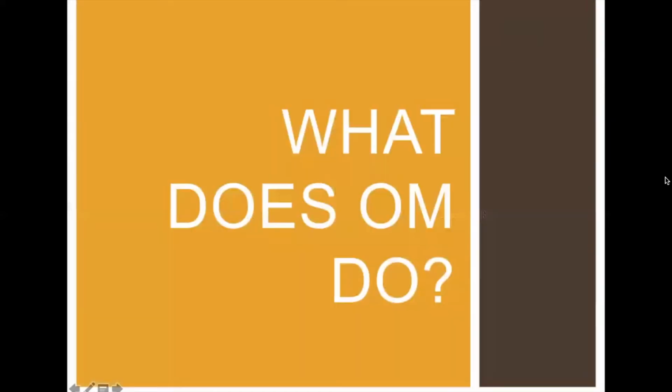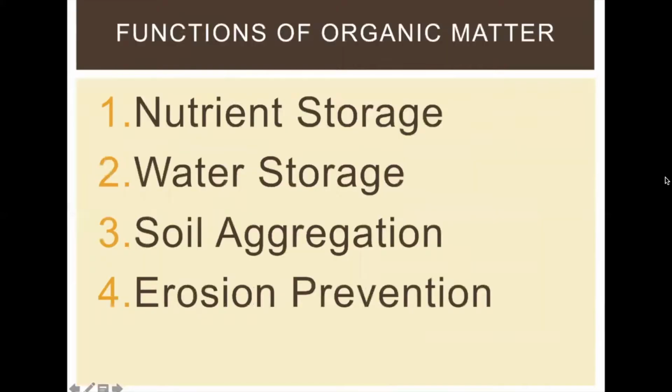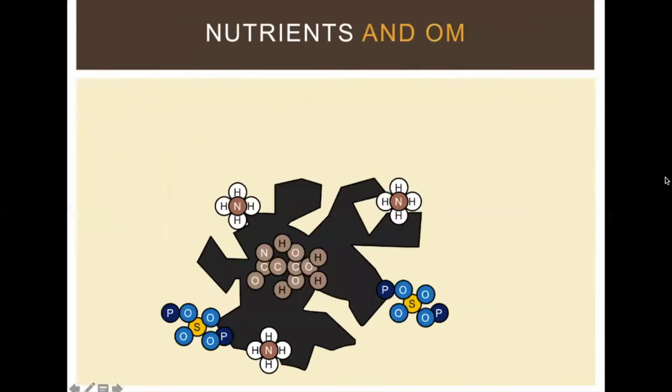So you may ask yourself, what does organic matter actually do? The functions of organic matter include nutrient storage, water storage, soil aggregation, and erosion prevention. Nutrients stored by organic matter occurs in two ways.